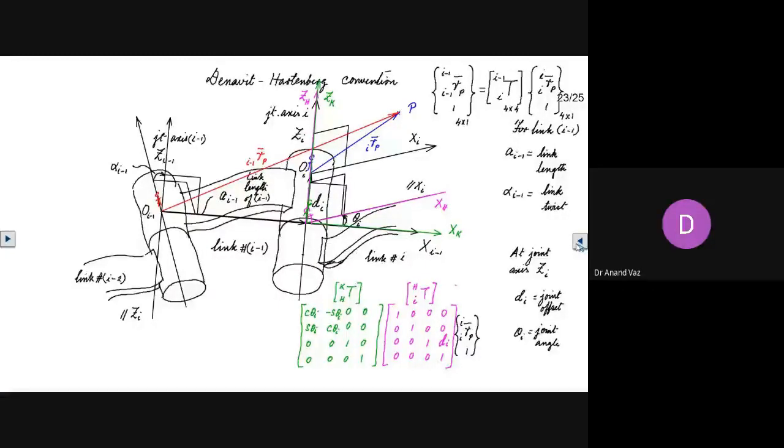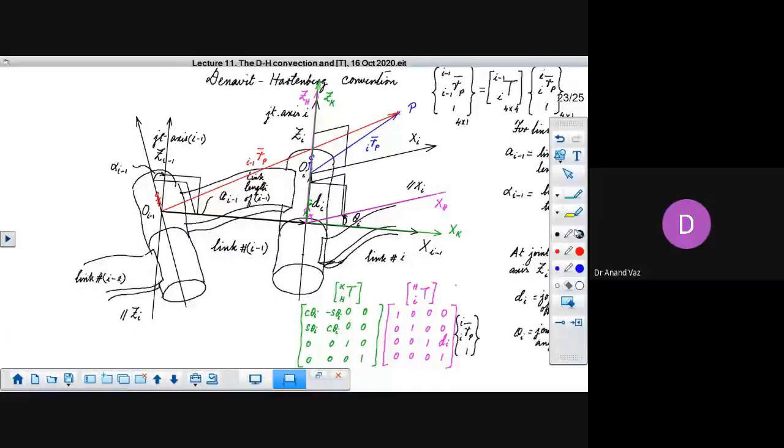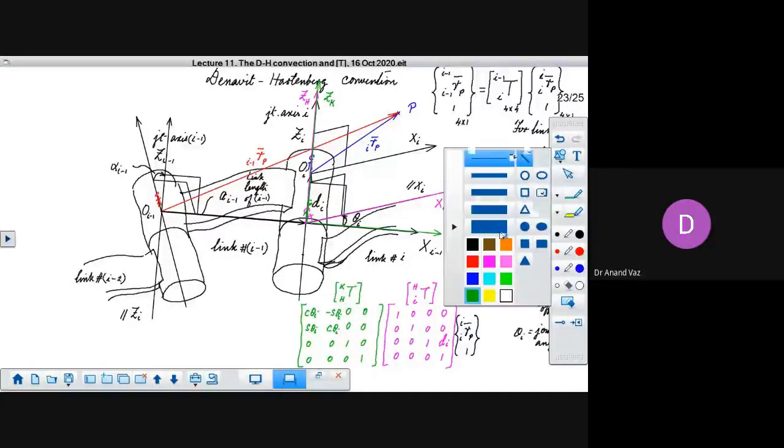Now we will assume another frame. Let us take this frame in some other color, orange. So now, having obtained the position vector in the frame K, we'll just translate this and bring it here.